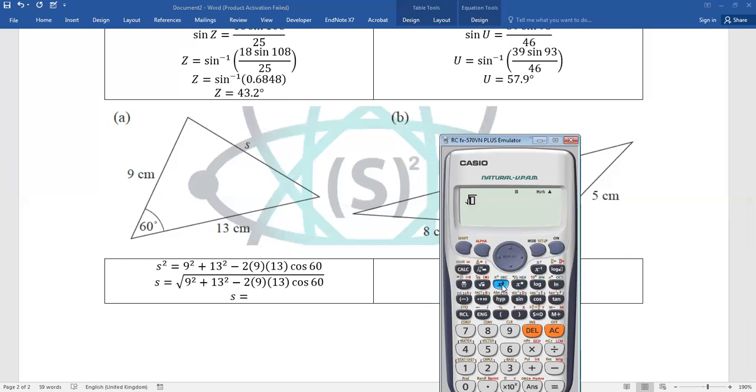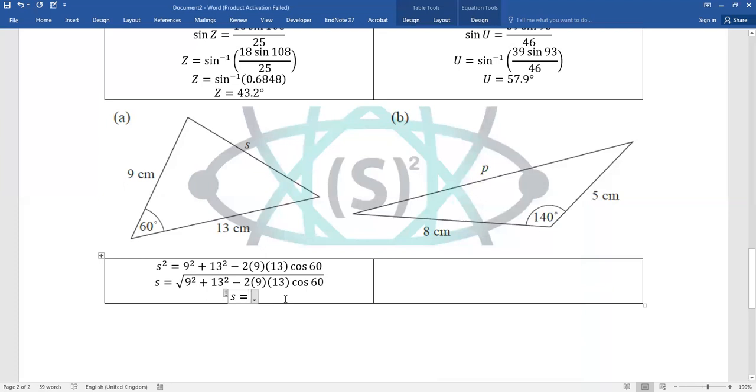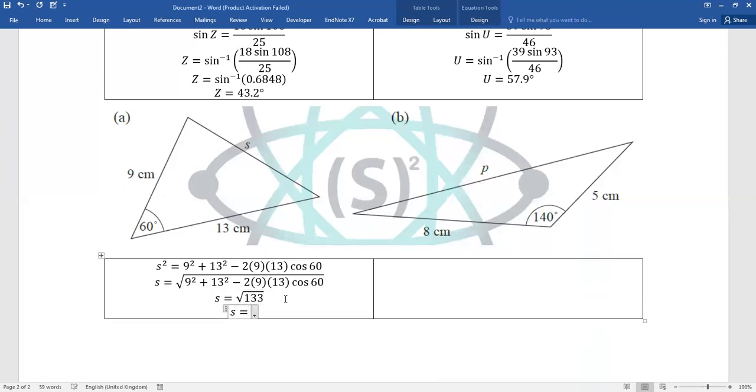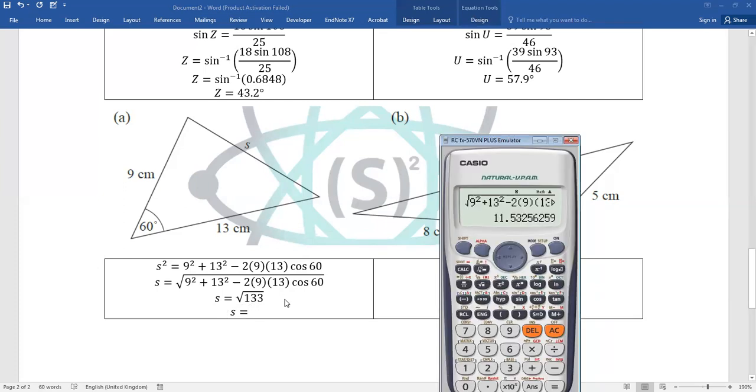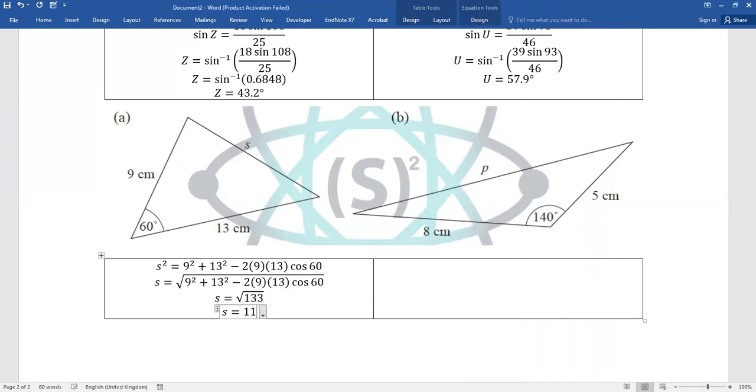So you will say 9 square plus 13 square minus 2 into 9 into 13 cos of 60. You get under root 133, and if you need the decimal value, 11.5. This is called exact value, under root 133, and 11.5 is the decimal rounded off to 3 significant figures.